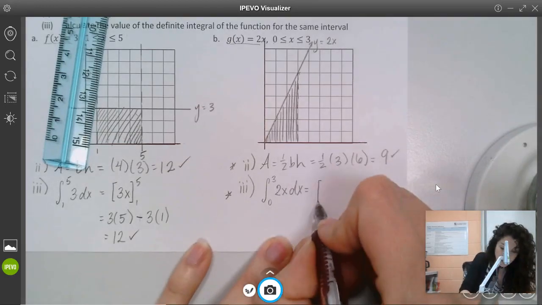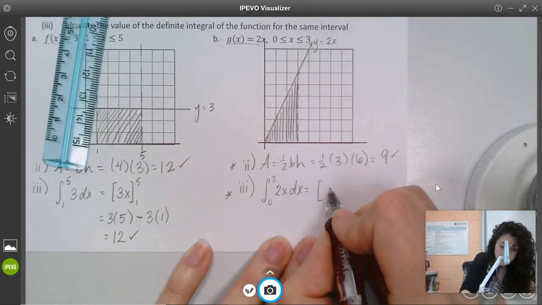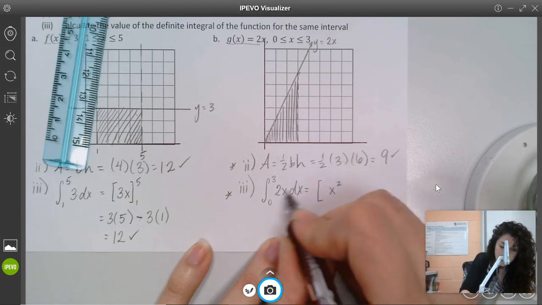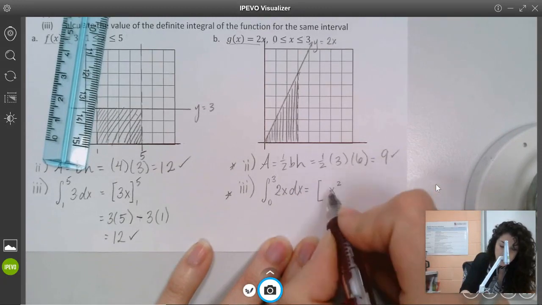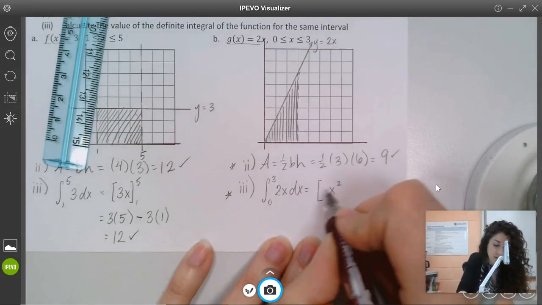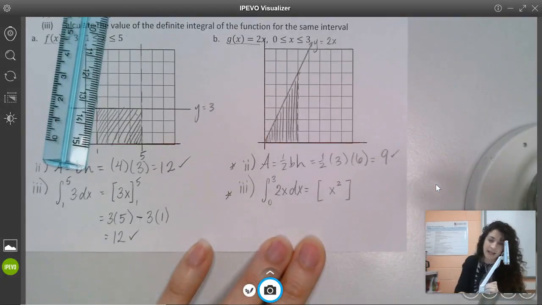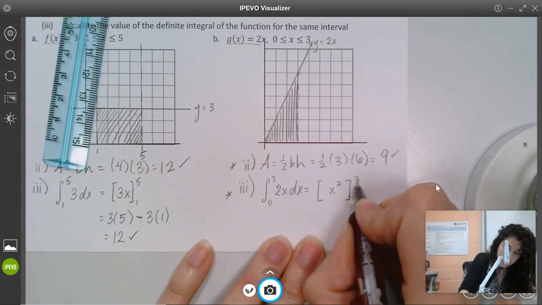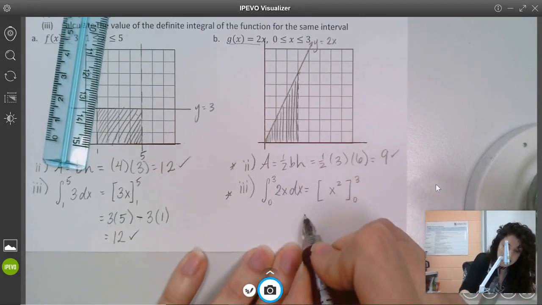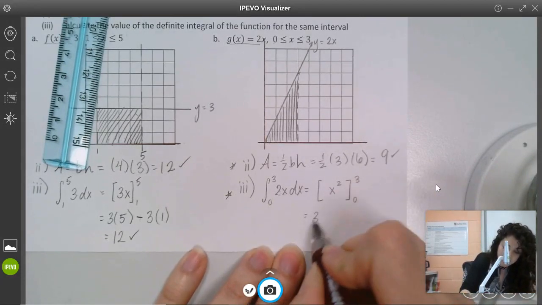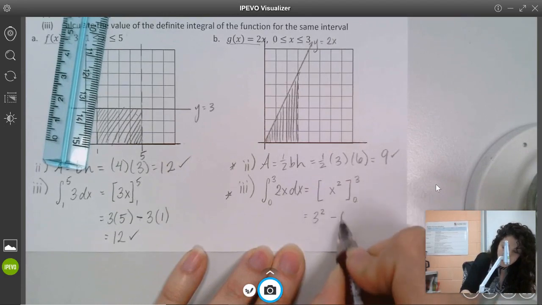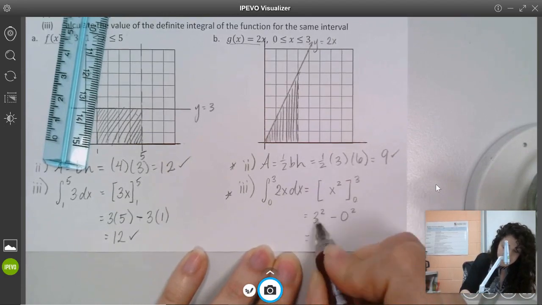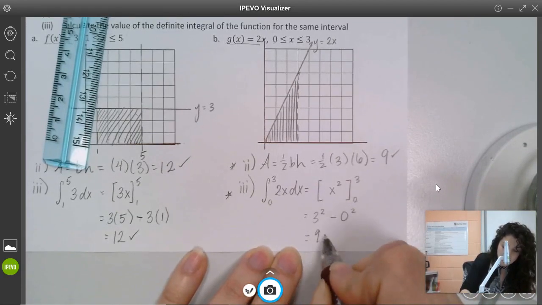The general integral for this guy, x would become x squared, and then we would divide by that 2, and so it would be 2 divided by 2, or 2 times 1/2, which would just be 1. So it just becomes x squared. And we're evaluating that from 0 to 3. Remember that we put 3 in first, and then subtract out 0. 3 squared is 9, minus 0 is still just 9.